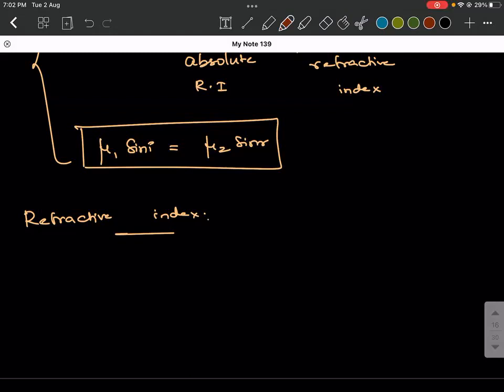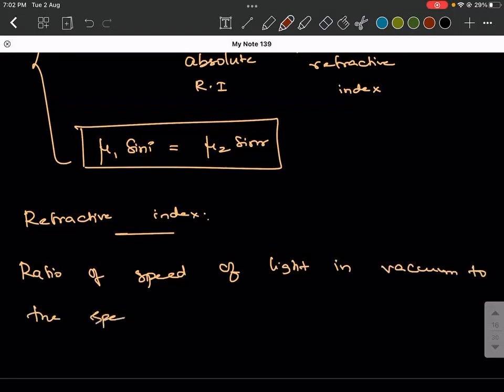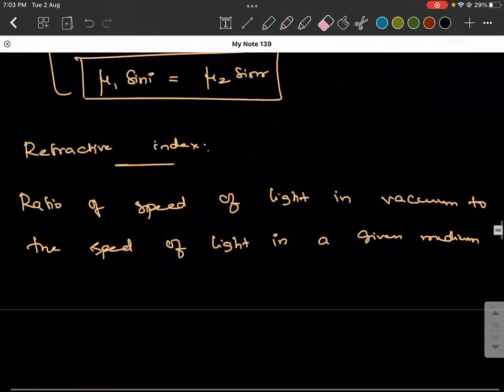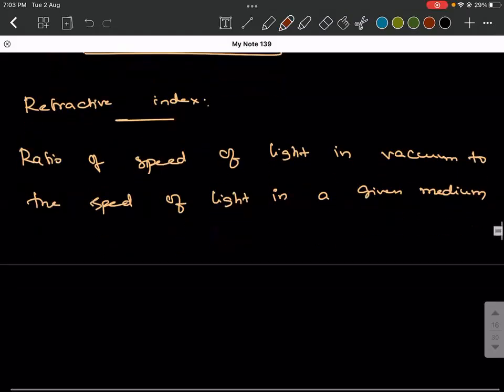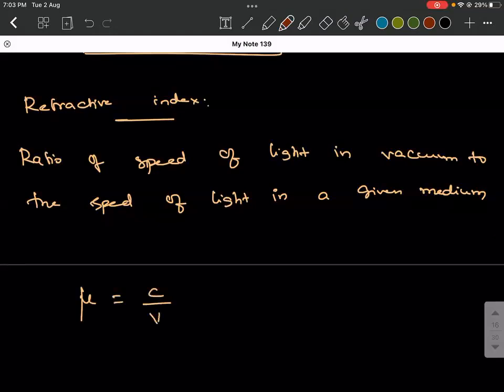Refractive index in this context means the ratio of speed of light in vacuum to the speed of light in a given medium. So if you're able to call it as the ratio of speed of light in vacuum to the speed of light in a given medium, then you call it refractive index. So mu is written as c divided by v.